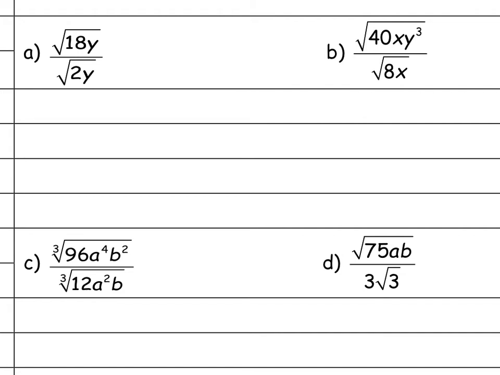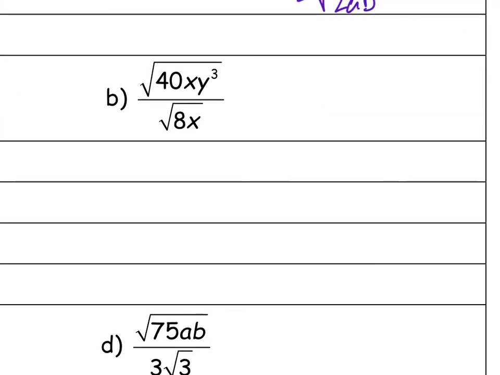Possibly, yes. We're going to go ahead and combine this together and say this is the square root of 18y over 2y. So the y's go away, 2 goes into 18 9 times. So the square root of 9 is 3. I so cannot talk today, it is 3.